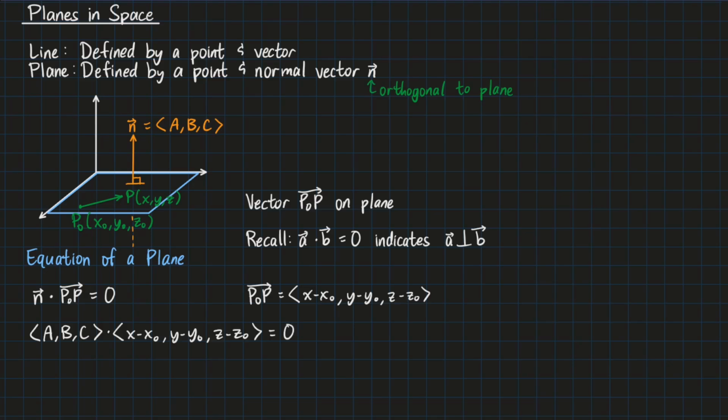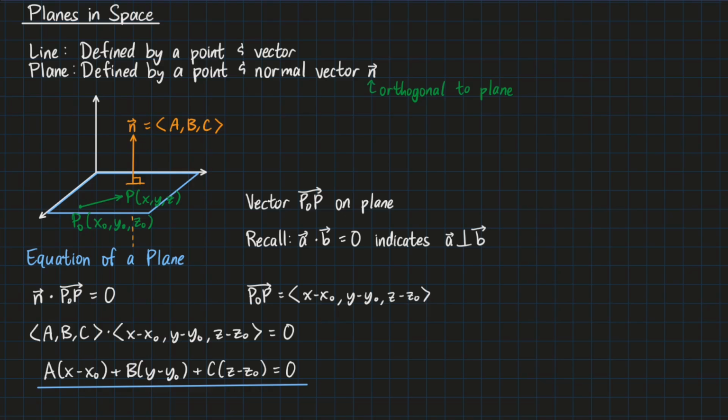Performing the dot product, we have a times x minus x0 plus b times y minus y0 plus c times z minus z0. This equals 0. So this is the equation of a plane.